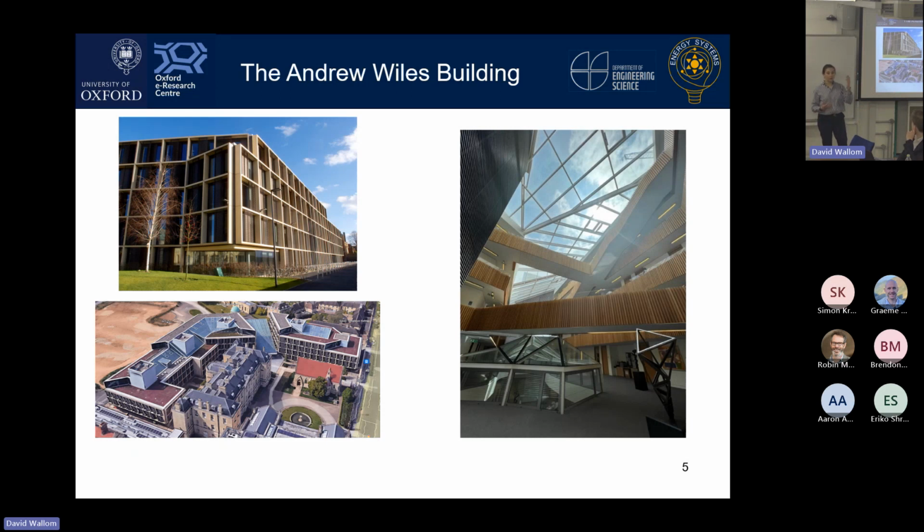Each room is equipped with a thermostat. Let's also note that the heating is mainly provided by ground source heat pumps, so electricity based, with gas boilers acting as backup heating sources, and it has a mechanical ventilation system just to distribute fresh air across the building. These are important details for later on.